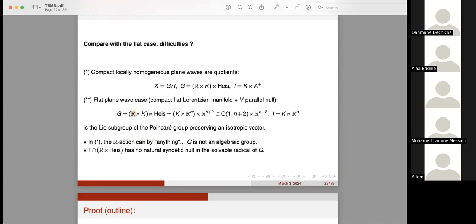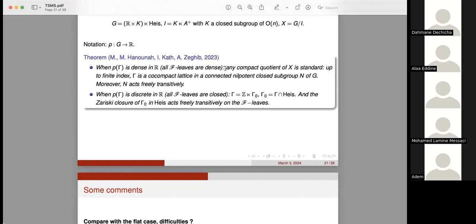And for those spaces, the R action on the Heisenberg group is semi-simple. This case is studied by Ines Kath and Martin Olbrich, and they study the standardness question, and they prove a theorem analogous to this one.